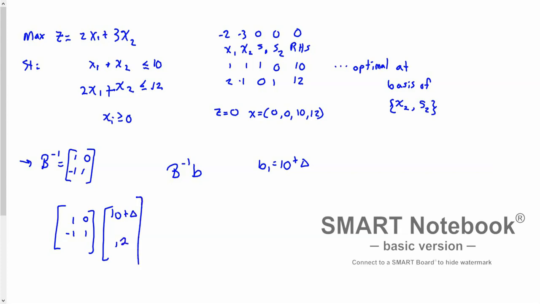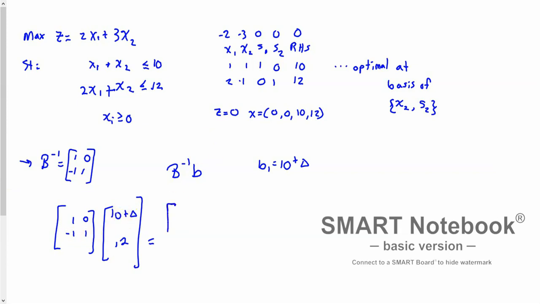So I need to perform this matrix multiplication. And once again, it's not too nasty since it has mainly 1s and 0s. So row times column: 10 plus delta plus 0, and negative 1 times 10 plus delta, plus 12.